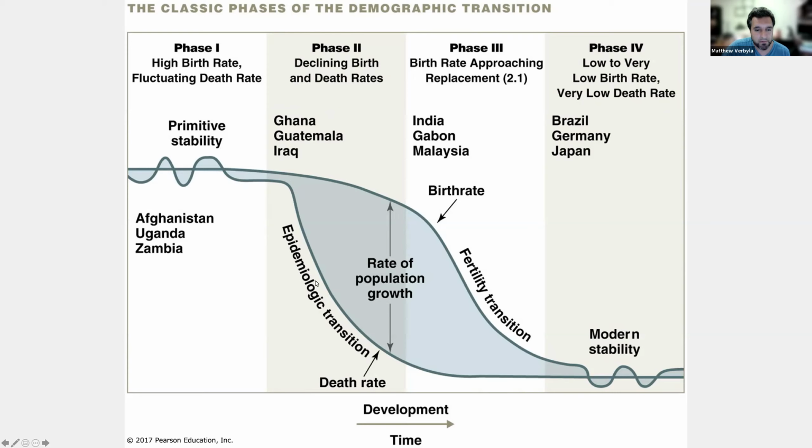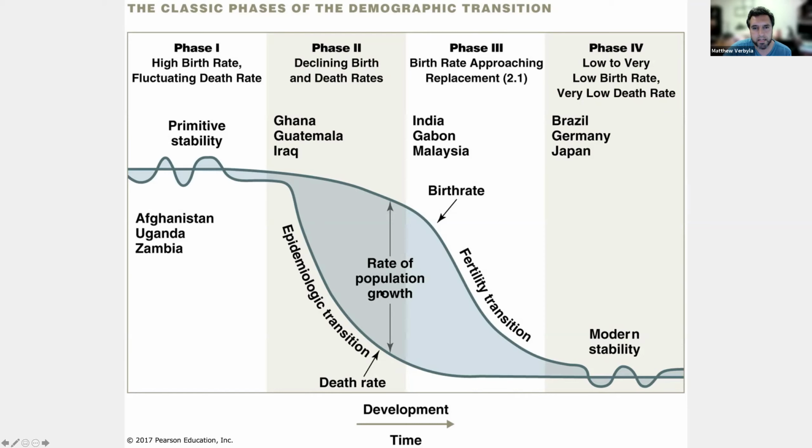And as the death rate declines due to better healthcare, better overall health of the population, you see this epidemiologic transition, which comes much faster than the birth rate transition, the fertility transition, because again, it takes a long time for humans to get to their age of fertility, 20s, 30s, where they start having kids. Whereas the epidemiologic transition, the death rate, will decline much faster with increases in healthcare.